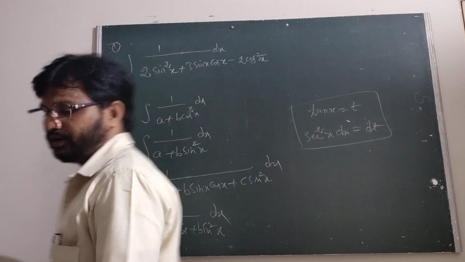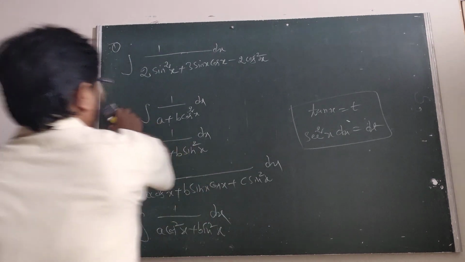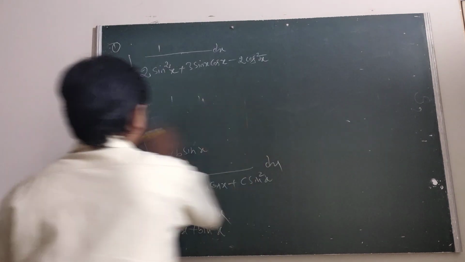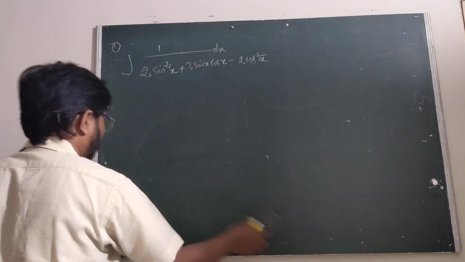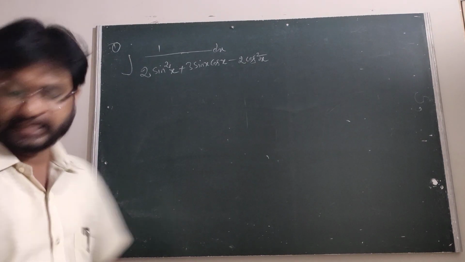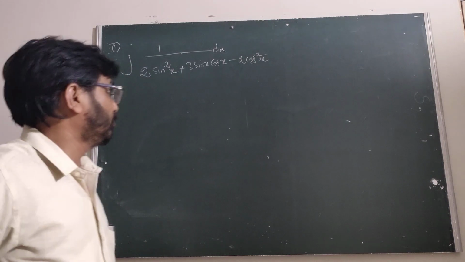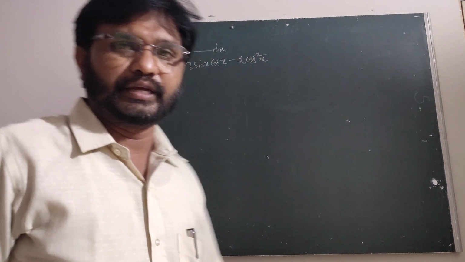So we already completed one example yesterday. Therefore now we are going to discuss another example, the integral 1 upon 2 sin square x plus 3 sin x cos x minus 2 cos square x into dx.